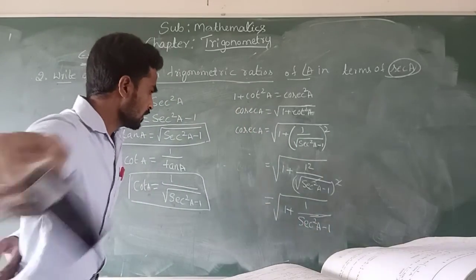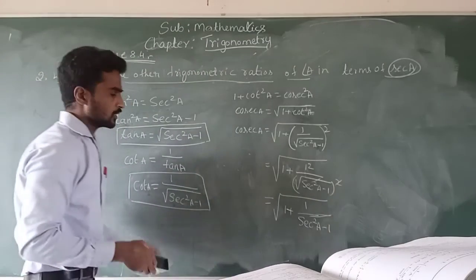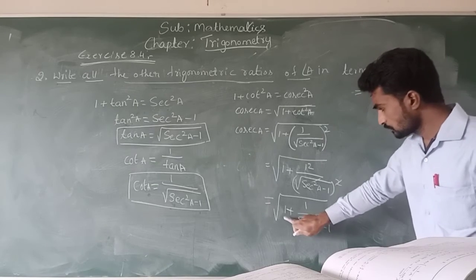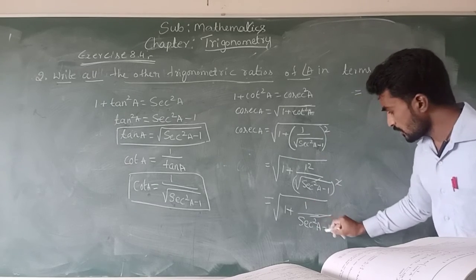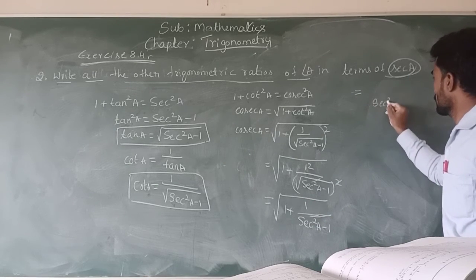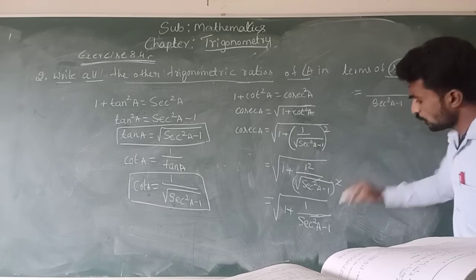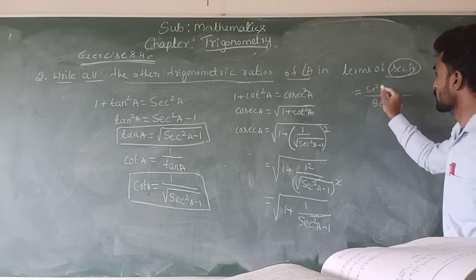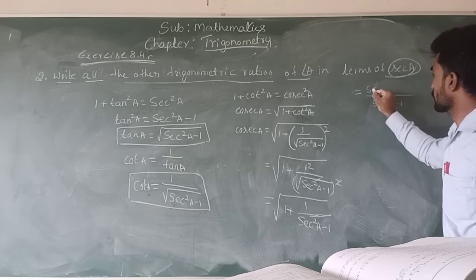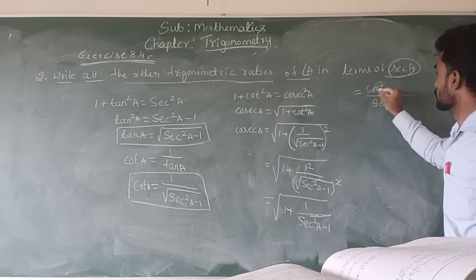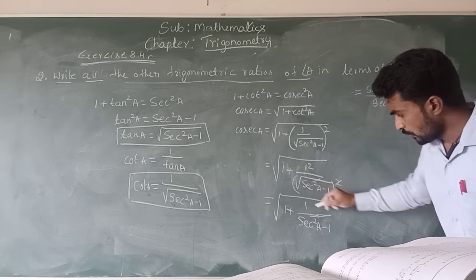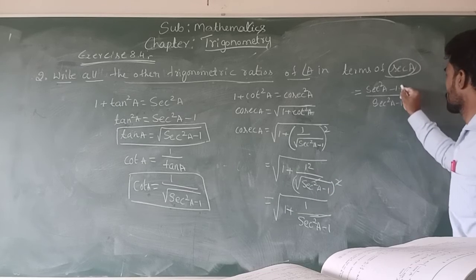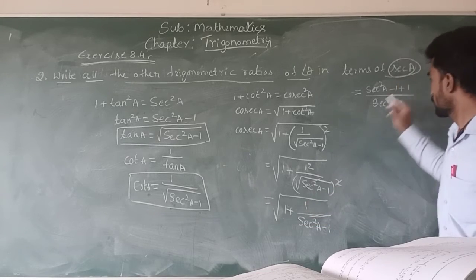Now take LCM of these two terms. Here the LCM is secant square A minus 1. Then go for cross multiplication: 1 into secant square A, secant square A; 1 into minus 1, minus 1; plus 1 is there; 1 into 1, we get 1.